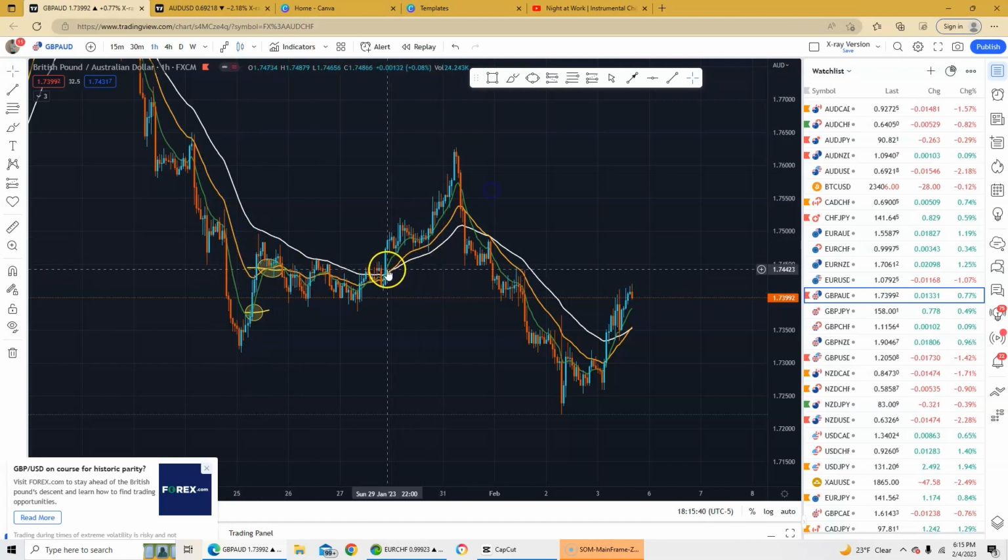Once price came up above, this actually probably didn't retest at all, but you had to go down to a lower time frame, and there probably was a retest here. But we'll go more into how you can delve down into the charts, into the time frames, and really see if you got your retest already. And price went there, and then we got 137 pips out of that trade.